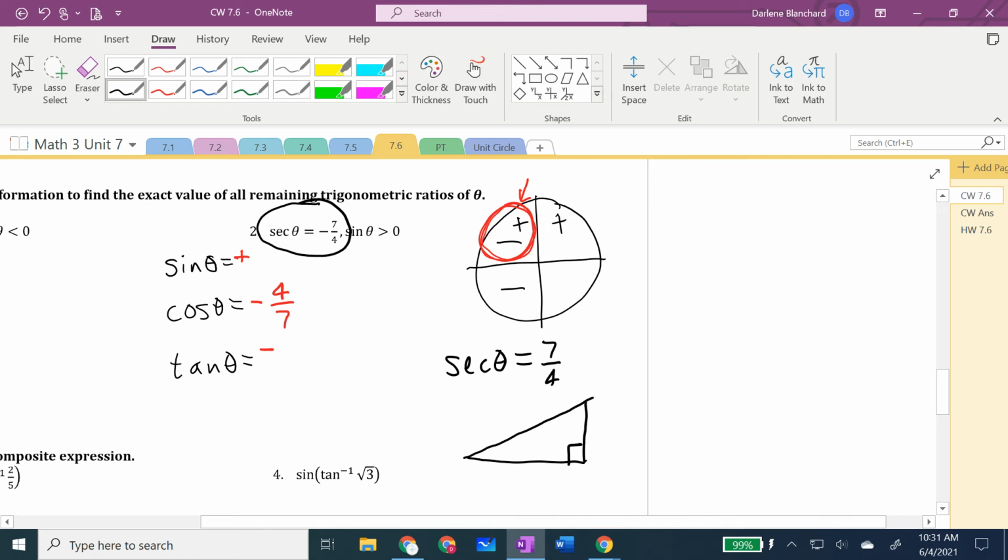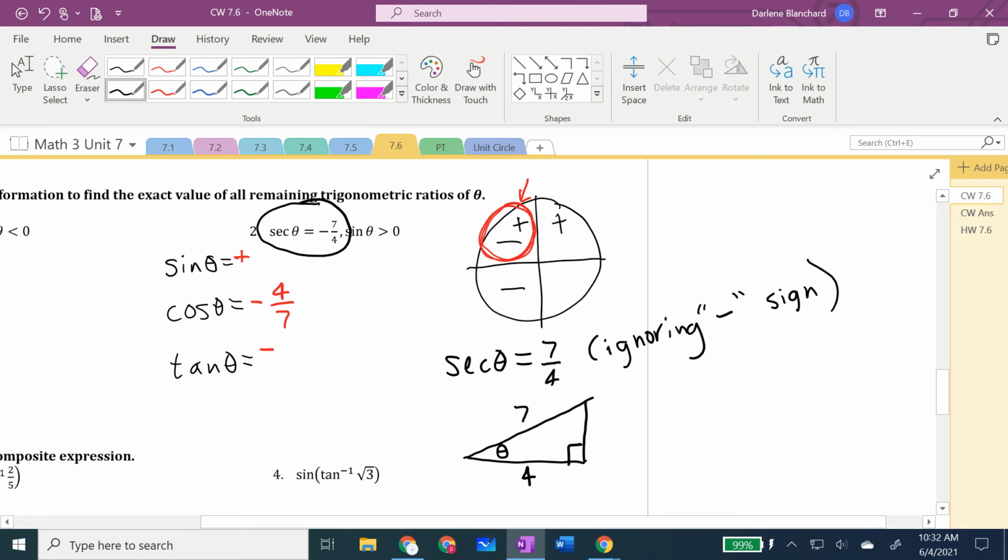If I ignore the negative sign, I'm going to put down ignoring negative sign. Then I want to remember that secant is cosine's reciprocal. Cosine is adjacent over hypotenuse.